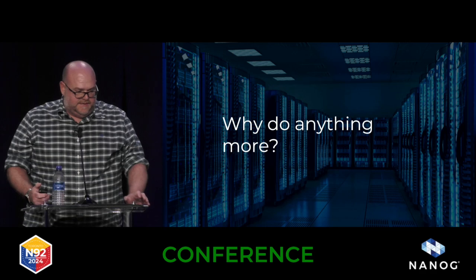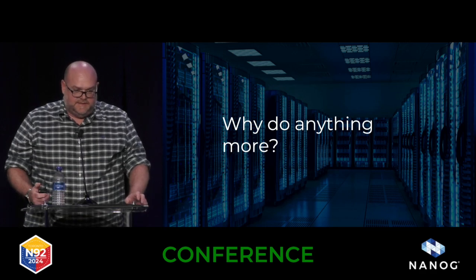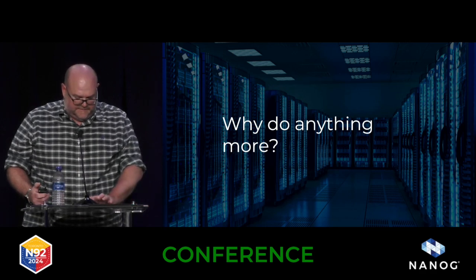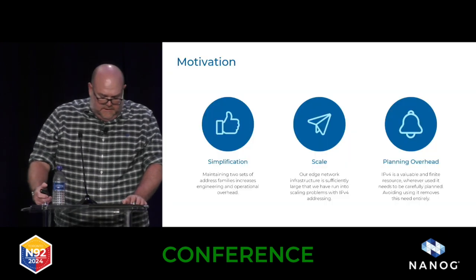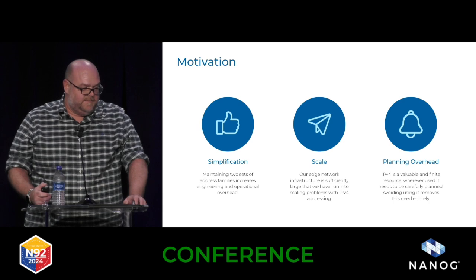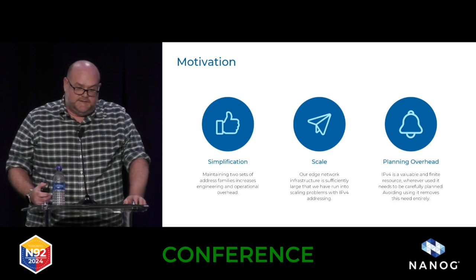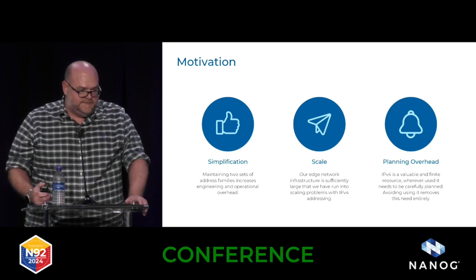So why do anything else? Why not just keep operating with our dual stack infrastructure? Well, for one, simplification. We're running two address families for BGP across all of the network devices. There's a lot of state and a lot of configuration.